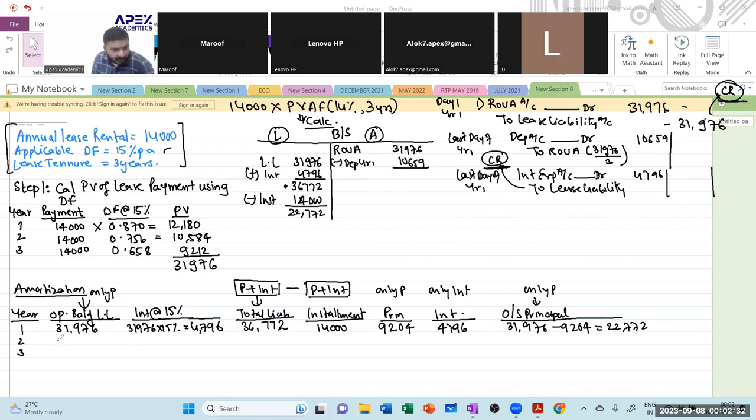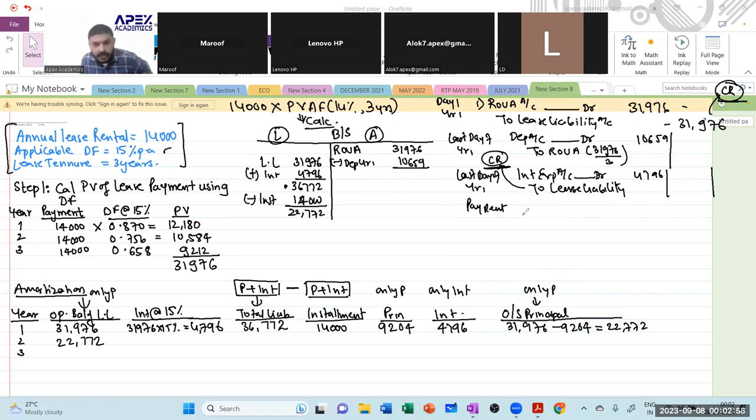Next. 22,772. This is your outstanding. Correct? Yes, sir. Now, in the first year, what all entries are pending? You have to pay the rent, yes or no? Pay the rent. What is the entry for paying the rent? Payment of rent will reduce the liability or increase the liability?